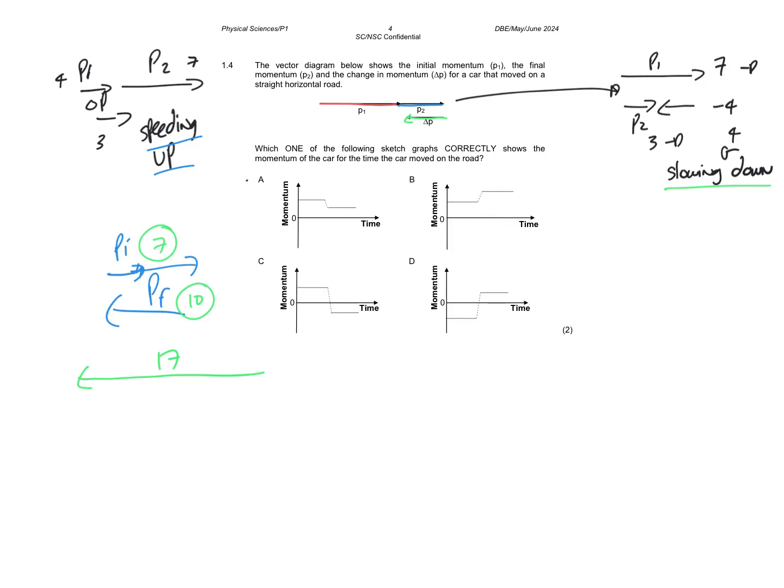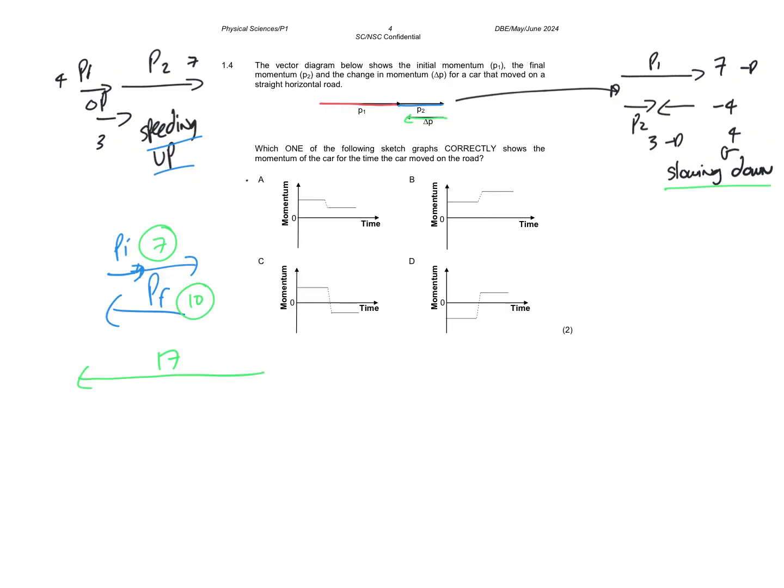this situation here, where the first one and the second one are both in the same direction, and the change is in the opposite direction, that is slowing down. Then you have all 3 of them in the same direction, that is speeding up, or you have the initial in one direction and the final and the change in the same direction.